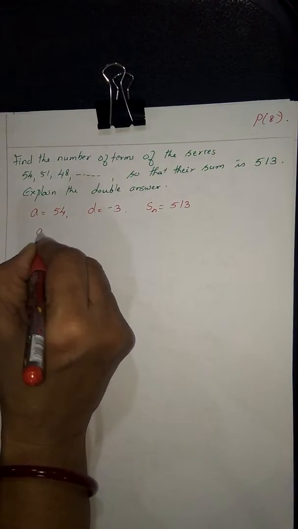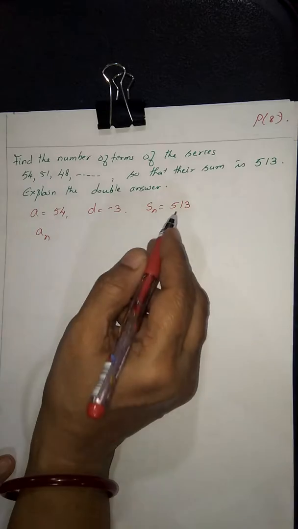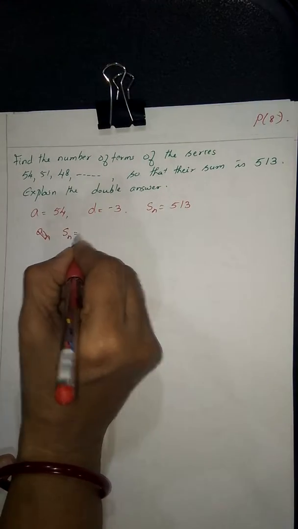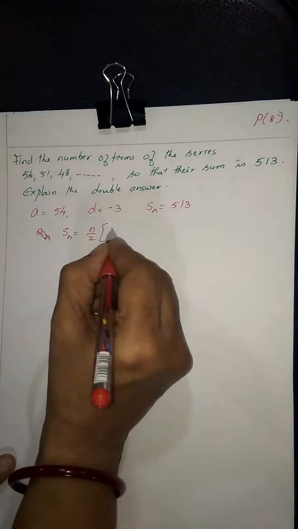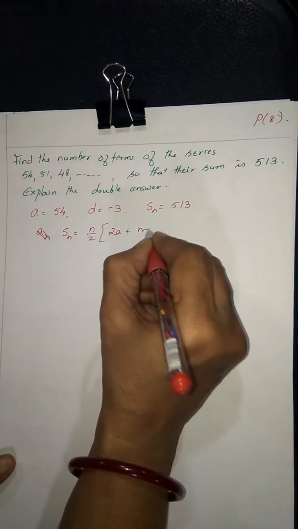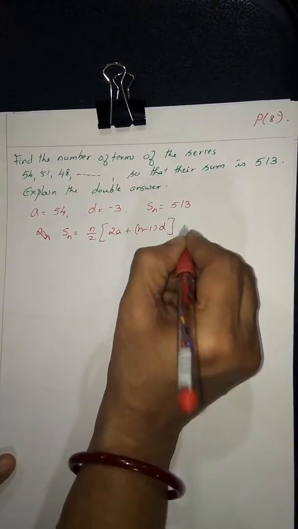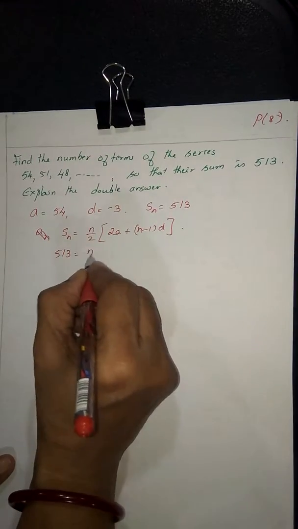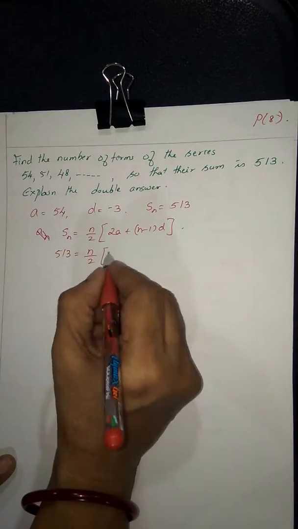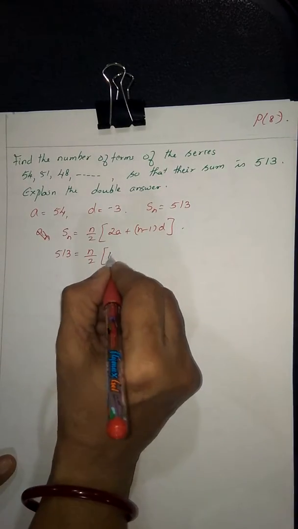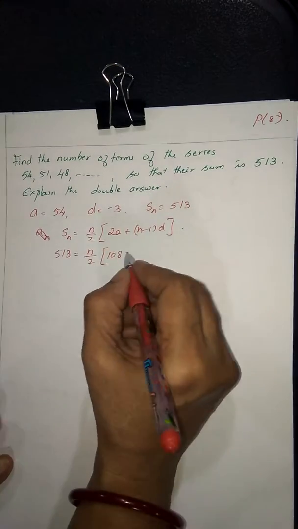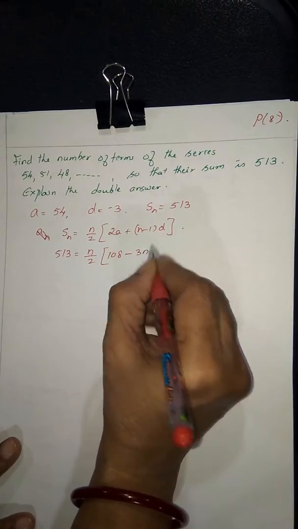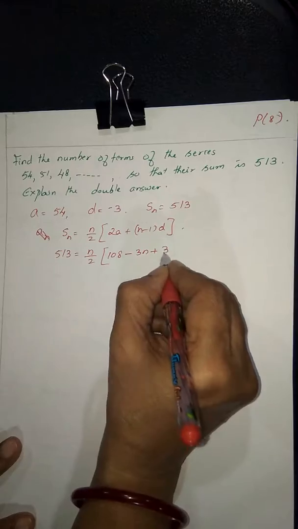Now Sn is equal to n by 2 into 2a plus n minus 1 into D. So 513 is equal to n by 2 into 2a, so 2 into 54 becomes 108. Then D is minus 3, so it becomes minus 3n plus 3.